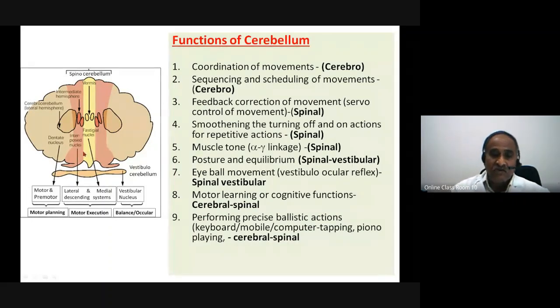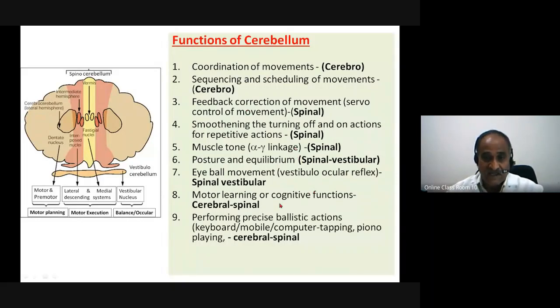Because when we start performing an action, we tend to use more muscles than required, even in the postures. And during the cognitive learning process, we understand that some of the motions we were doing were unnecessary, and we eliminate them.